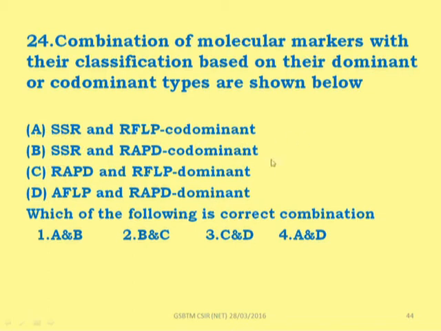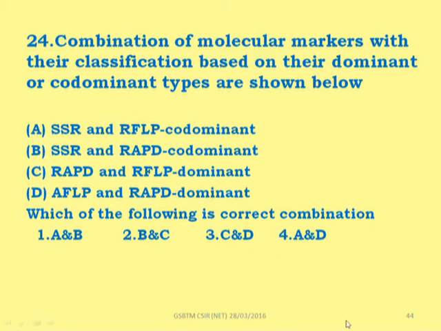SSR and RAPD: SSR is codominant but RAPD is dominant, so this is not true. RAPD is dominant and RFLP is codominant, this is not true. AFLP and RAPD are dominant markers, this is true. So which of the following is the correct combination? It's A and D. The answer will be A and D.